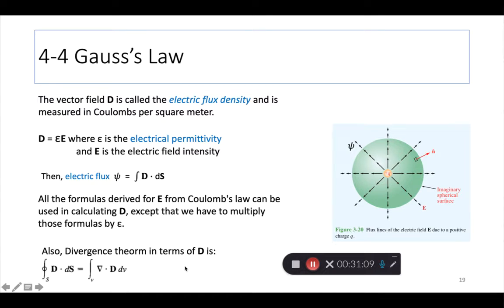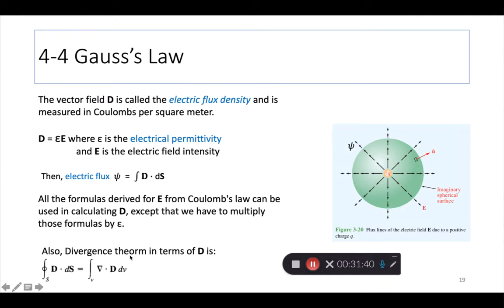Lastly, a reminder that the divergence theorem, remember we studied the divergence theorem in terms of the field intensity E, that also can be written in terms of electric flux density D. So instead of E dot dS equals del dot E, now we just write it as D dot dS over the surface equals del dot D dv over the volume.